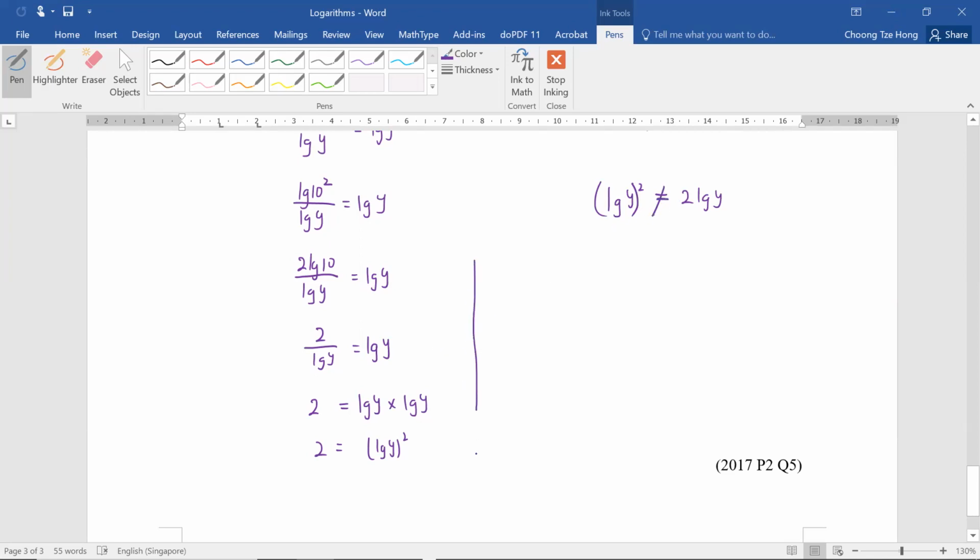So basically what we can do to solve this is, let's solve it over here: (log y) squared equals 2. We will square root both sides, so we will have log y equals square root 2 or log y equals negative square root 2. Then remember log is base 10.